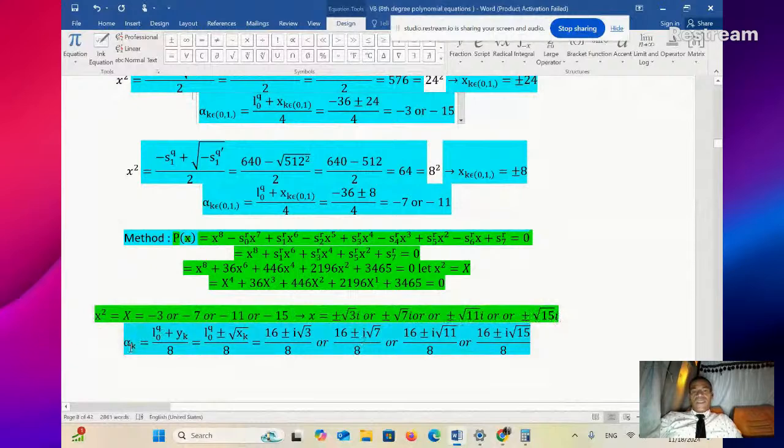Therefore, the roots of my original polynomial equation are a0, which is 16, plus or minus y_k. You use positive and negative, so you will get eight different roots, which are complex numbers: 16 plus or minus i root of 3 over 8, or 16 plus or minus i root of 7 over 8, or 16 plus or minus i root of 11 over 8, or 16 plus or minus i root of 15 over 8.